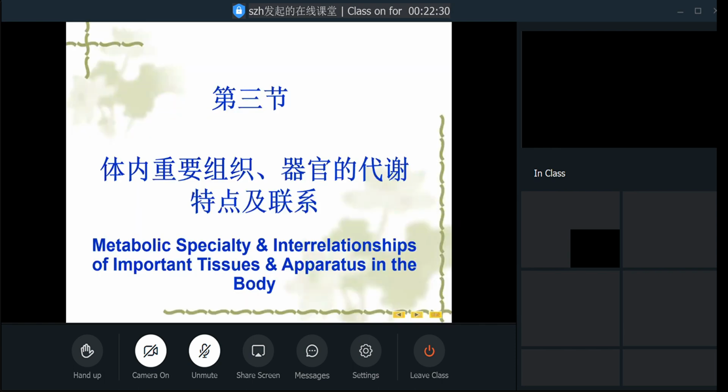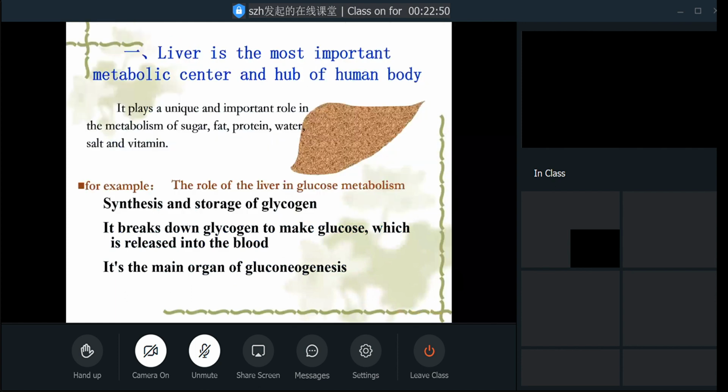And furthermore, all of this is contained in the third section in this chapter. You can see the several important organs and tissues, summarizing the property and the relationship of the metabolisms. First, you can say liver. Liver is the most important metabolic center and the heart of the human being.